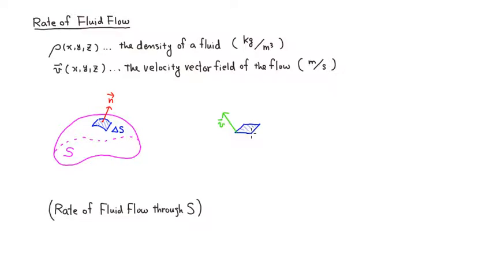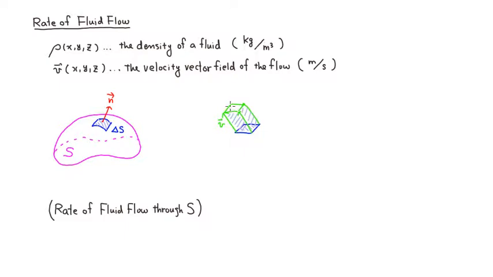If you think of this like water or some sort of fluid coming out this way, and you want to know the amount of fluid coming through that hole, it comes down to finding the volume of this parallelepiped.